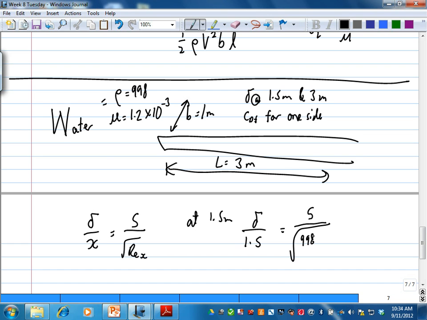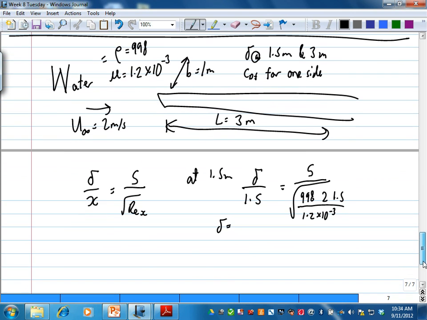Oh, I didn't tell you what the velocity is. 2 meters per second, I say. Rho v times 1.5 over mu, which is 1.2 by 10 to the minus 3. What is del? Is that okay?